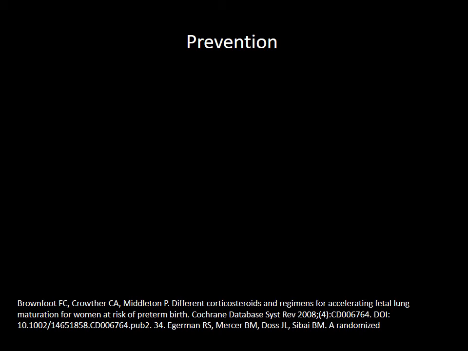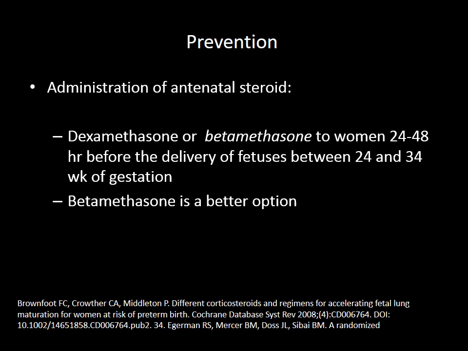Two antenatal steroids are being used, dexamethasone or betamethasone, given to women 24 to 48 hours prior to the delivery of fetuses between 24 and 34 weeks of gestation. Betamethasone is a better option because studies showed that it has a better neurodevelopmental outcome.